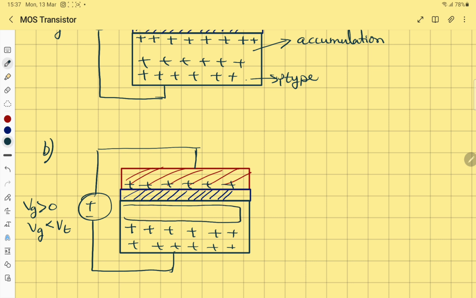There are no charges present here. So this is like a depletion layer. There is no charge, so we call it the depleted layer or depletion layer.